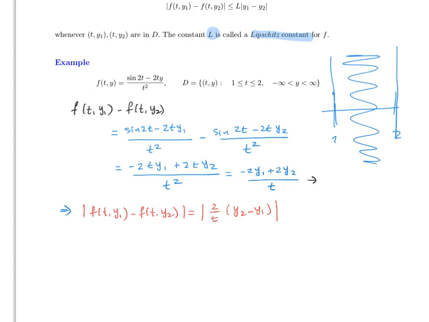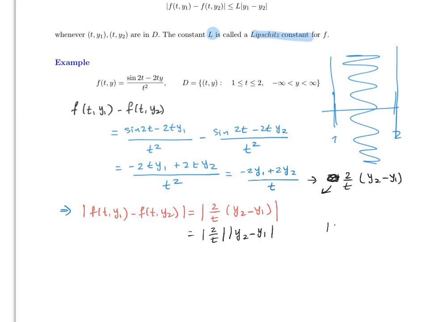Well, from here you can factor the 2 over t, and this will give you y2 minus y1. It's just basic factorization. So this is equal to the absolute value of 2 over t times y2 minus y1.